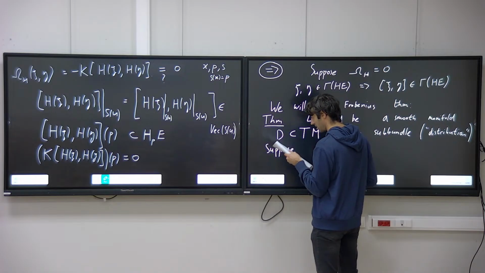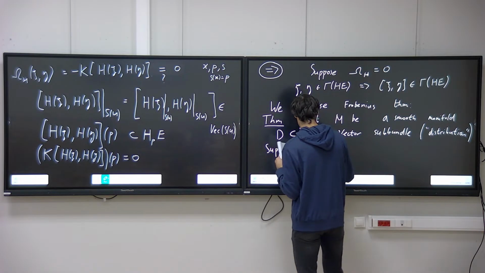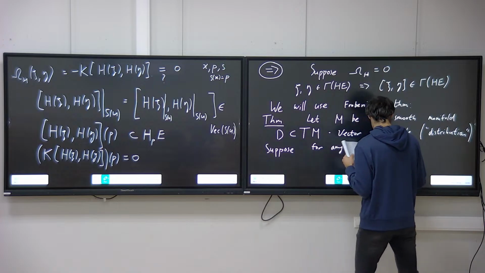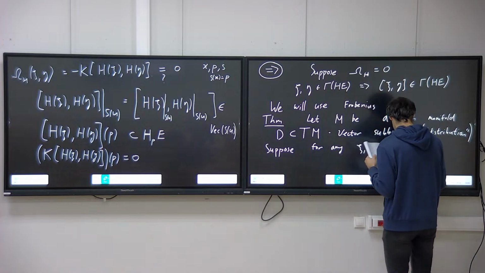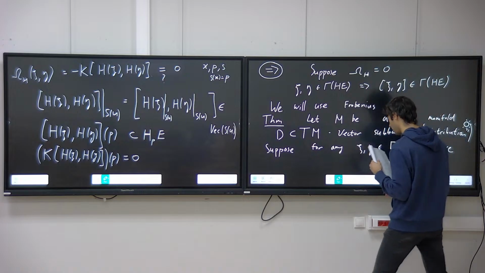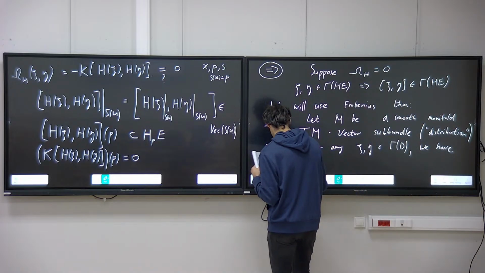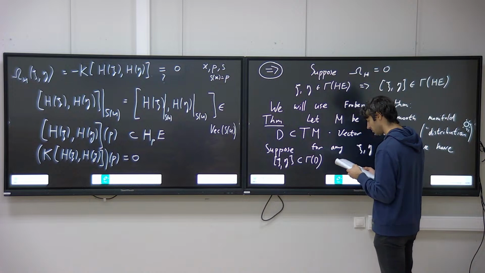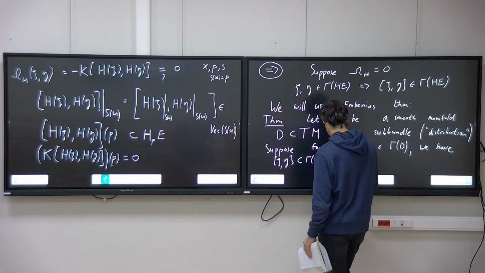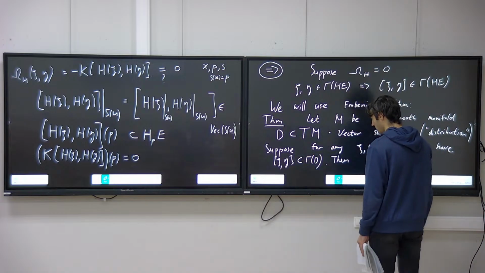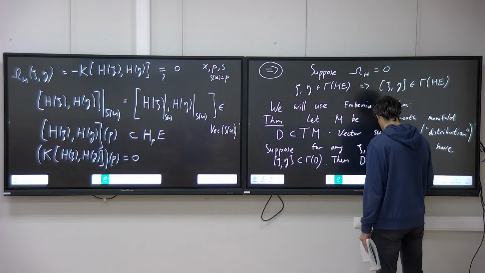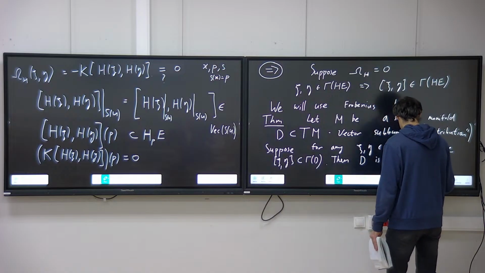So suppose that for any psi and eta from gamma of D, we have the commutator is also inside gamma of D. Then, okay, in words, the theorem says D is locally integrable.